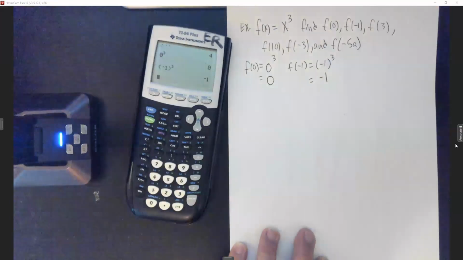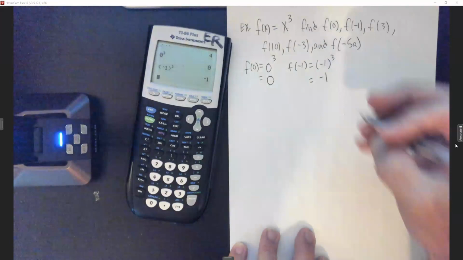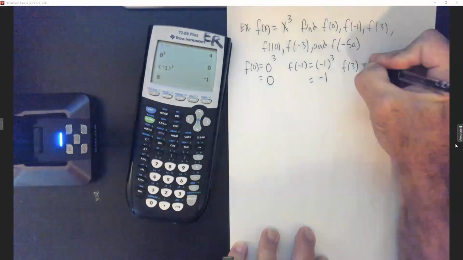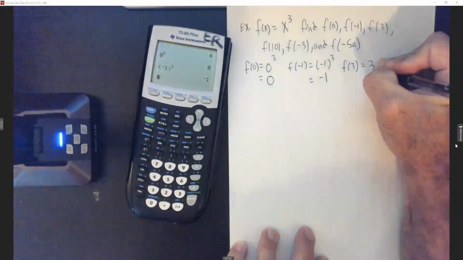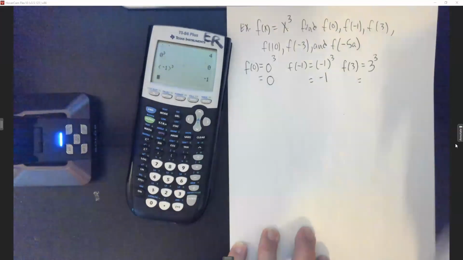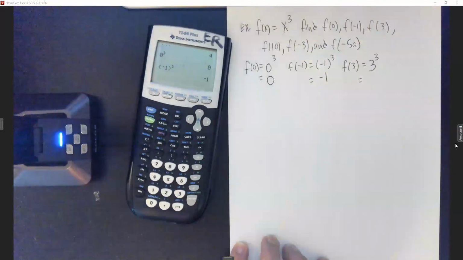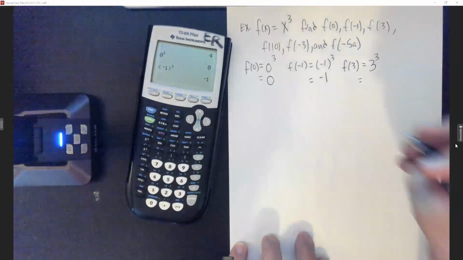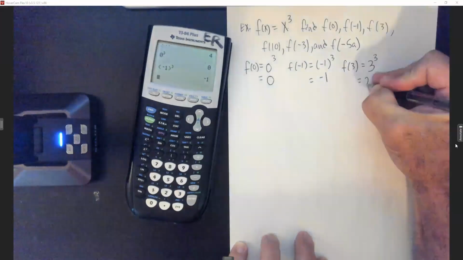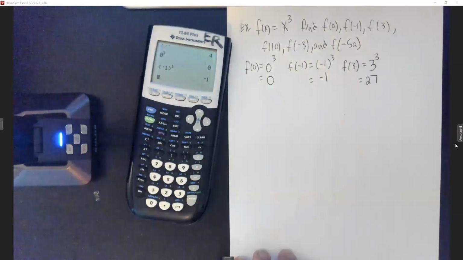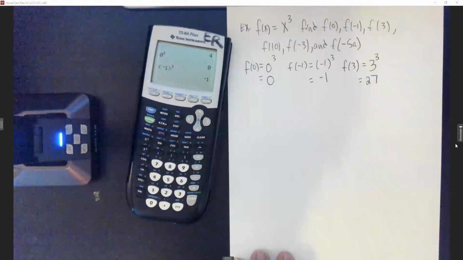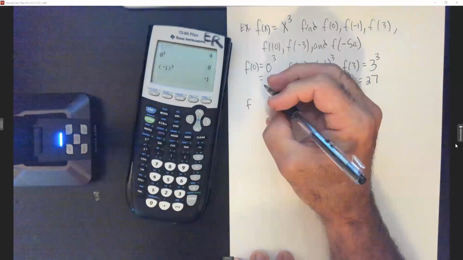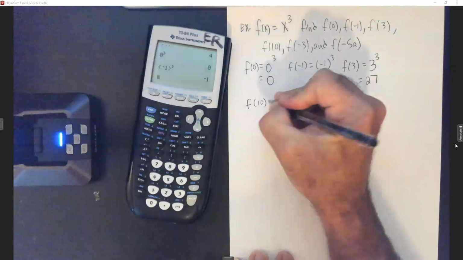All right, what was next? f of 3. So that'll be 3 to the 3rd power. That's 3 times 3, which is 9, and then 9 times 3 gives us 27. All right, what was next? f of 10. Watch this.